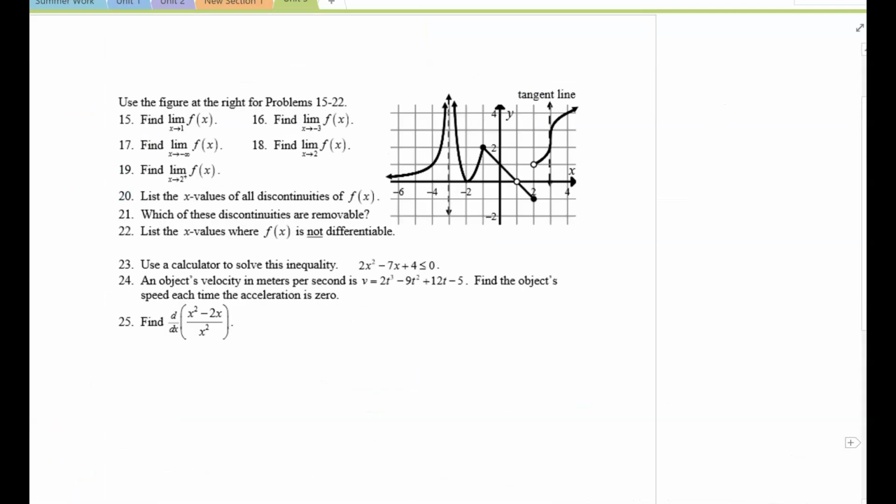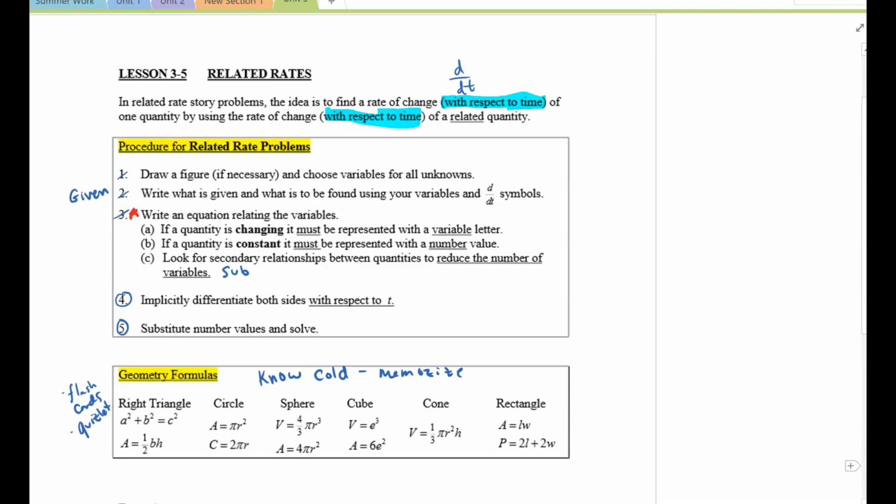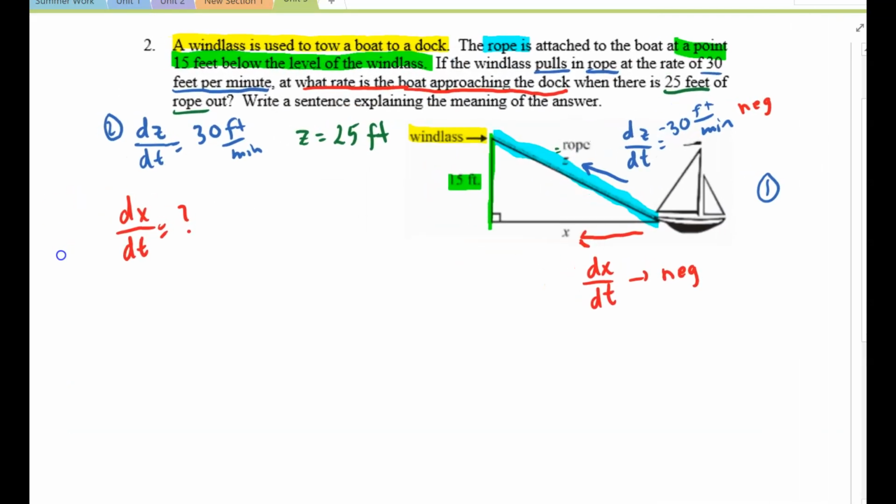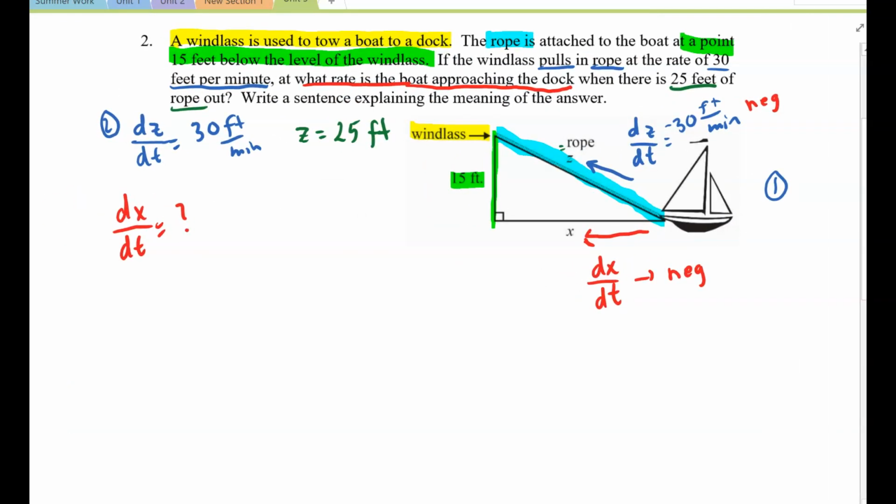Note that this is a right triangle, and with right triangles, generally we're going to be using what theorem? Pythagorean theorem, very good. So step 3, here's the equation that ties it all together: a squared plus b squared equals c squared.